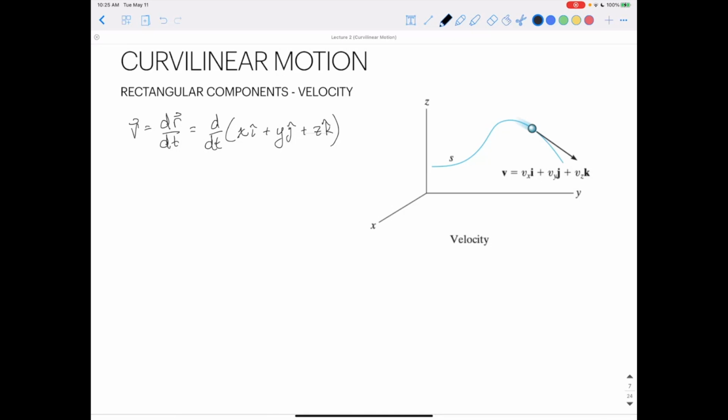So if i, j, and k aren't moving with respect to time, then they can come outside of our derivative, and we're left with a simplified version. We can say our velocity vector is equal to dx/dt times i plus dy/dt times j plus dz/dt times k.